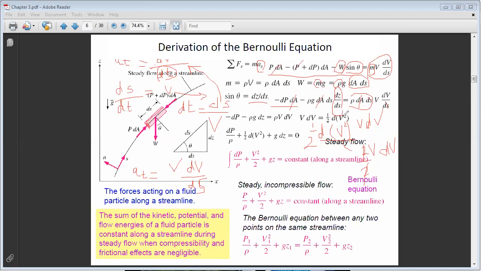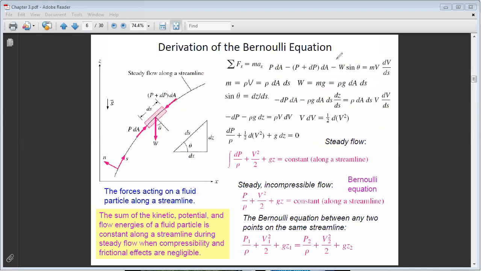Now, if we observe our relation, we obtain that minus dp minus rho g dz plus, and this term we replace by rho times half d v squared.